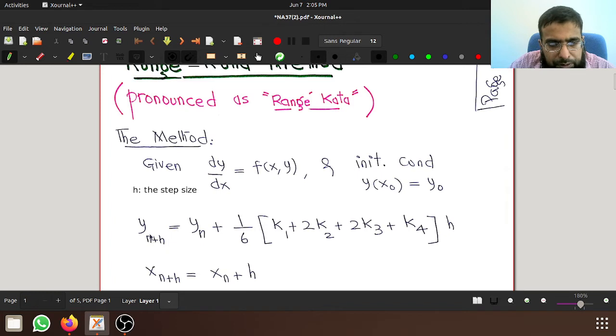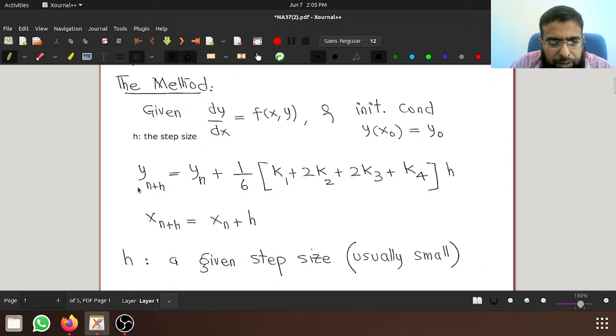So this h is the step, and x naught is the starting point.